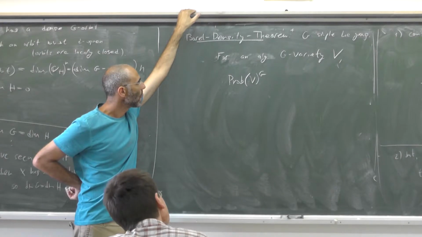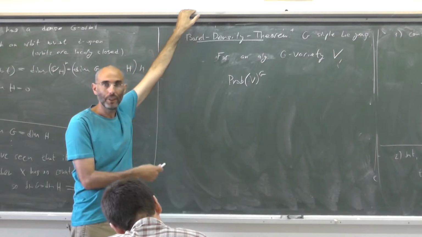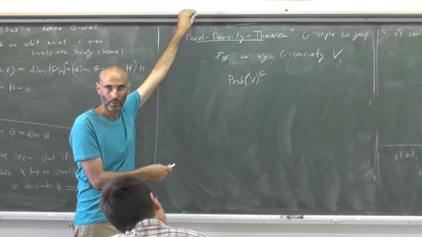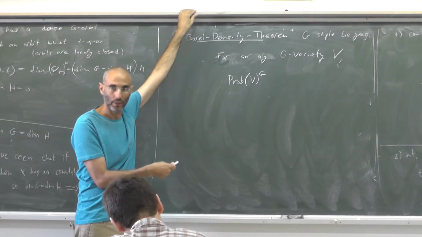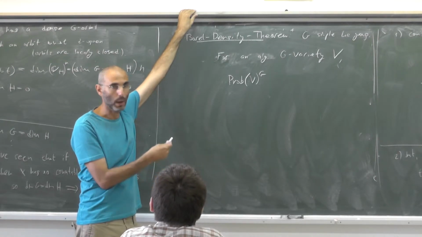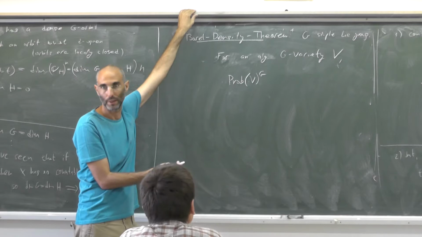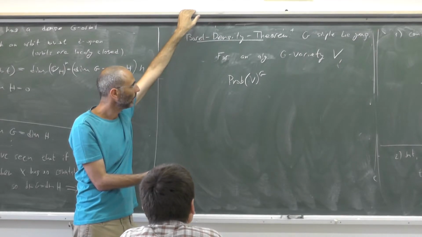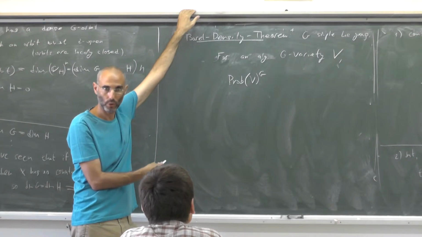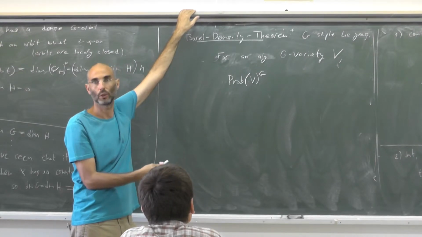Well, take V with this probability measure to be my X. Take S again to be G, and rho to be the identity map. And the map from X to V will be the identity map as well. And we see that the ergodic probability measure that we're considering now must be supported on a fixed point.